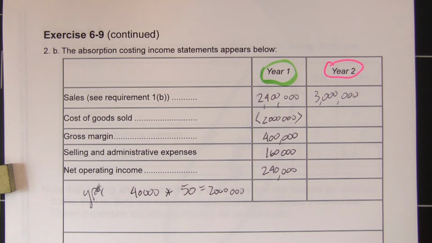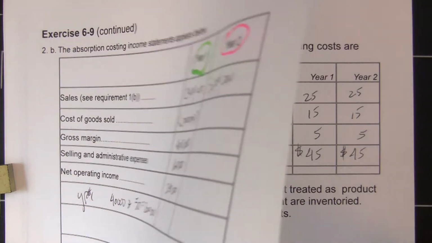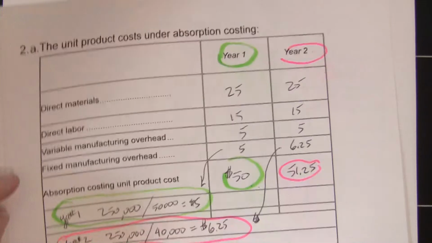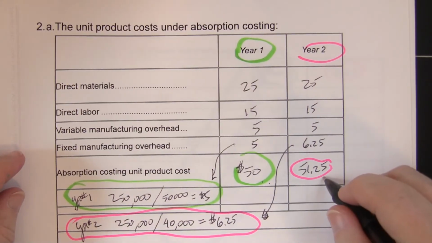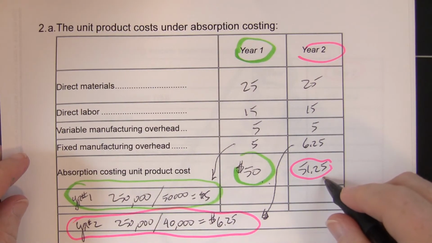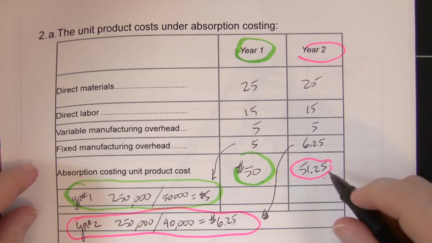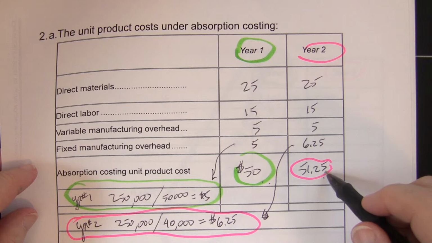Now, year 2, remember, we sold 50,000 units. So we have to take that 50,000, and our cost per unit is $51.25 because we made fewer in year 2.